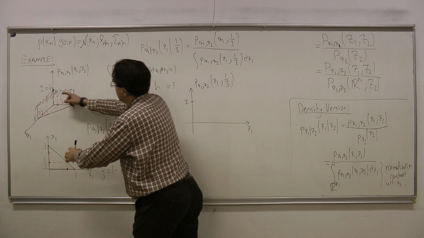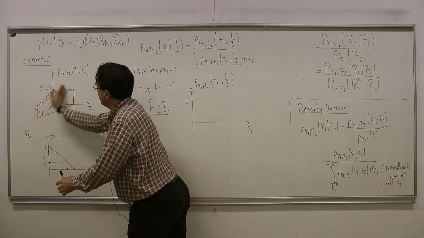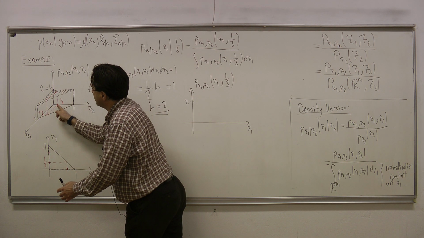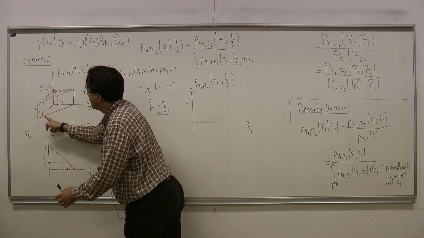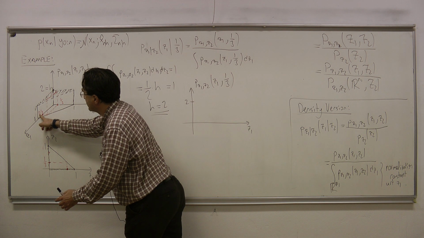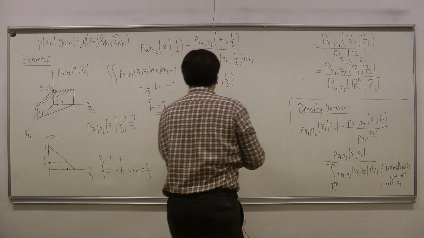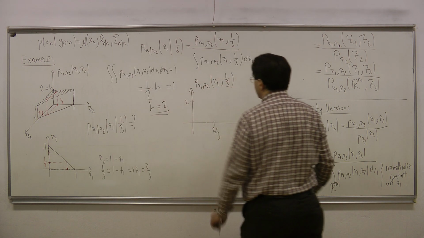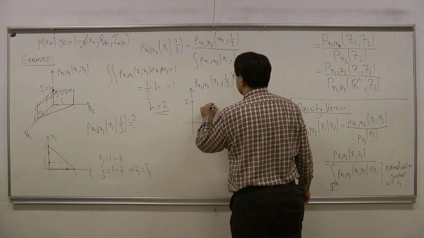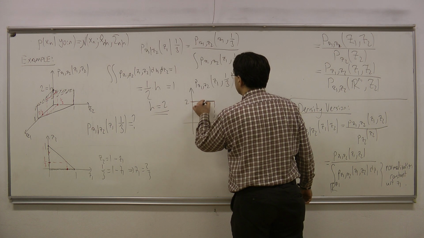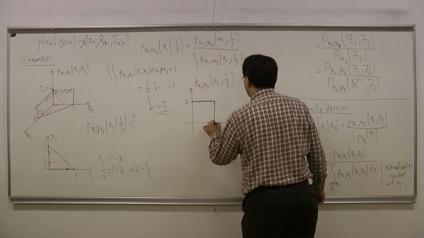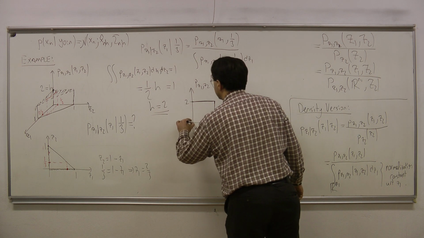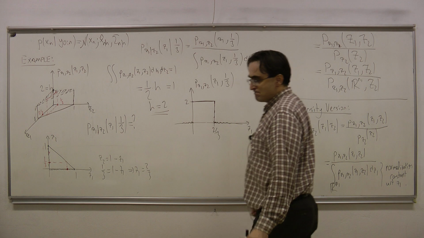And then when Z2 is fixed, as I increase Z1, the function remains constant until we hit Z1 equal to 2/3. So I have 2/3 here, and the function is equal to 2 in this interval, and it is 0 everywhere else.